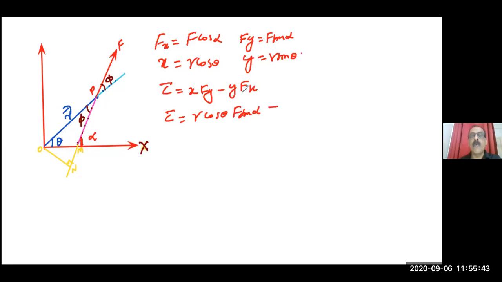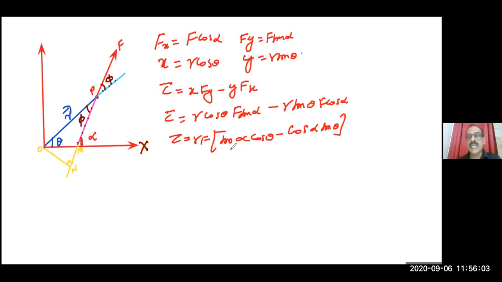Minus y is equal to R sin theta, Fx is equal to F cos alpha. Torque is equal to RF times sin alpha cos theta minus cos alpha sin theta. Do you know that formula?